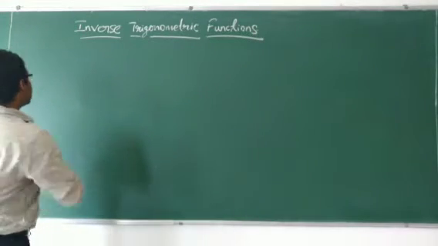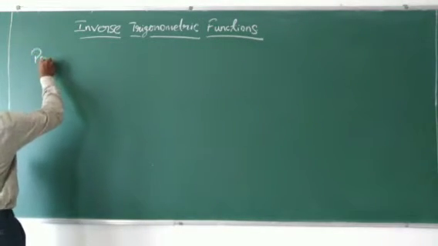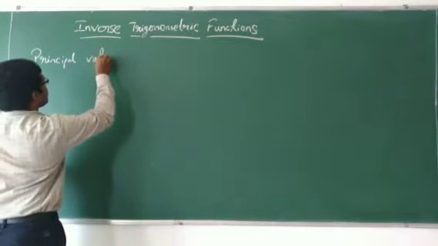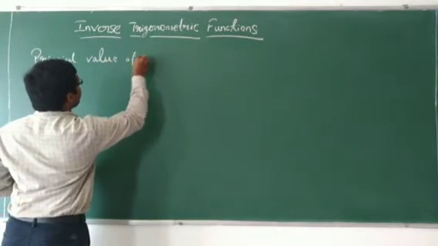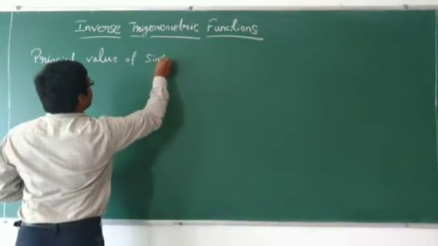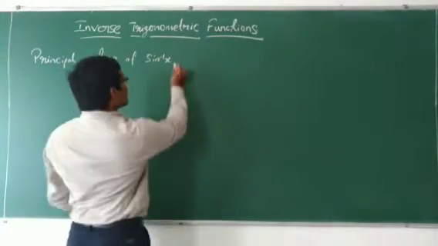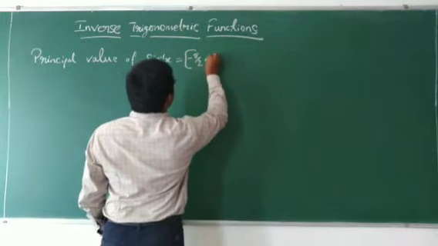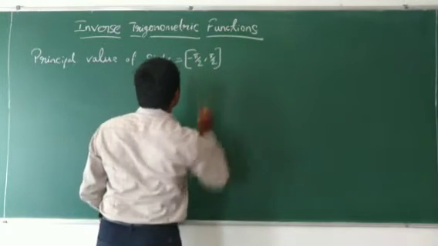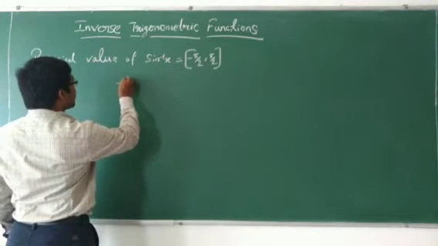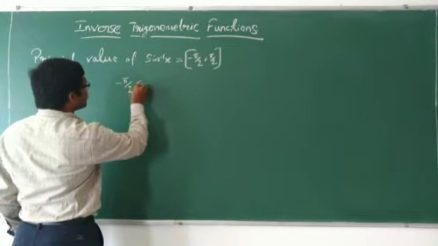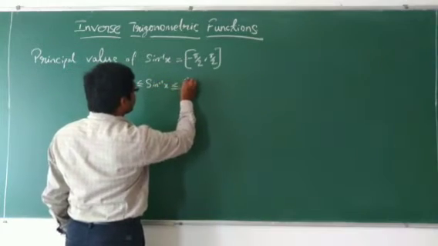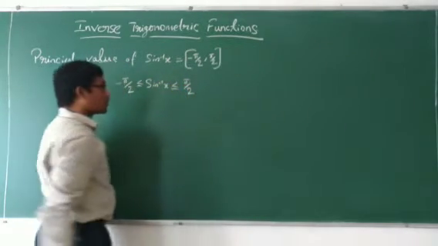So to begin with, let's take what is the principal value of sin inverse x. Principal value of sin inverse x is minus pi by 2 to pi by 2. This can be written as minus pi by 2 less than or equal to sin inverse x less than or equal to pi by 2.